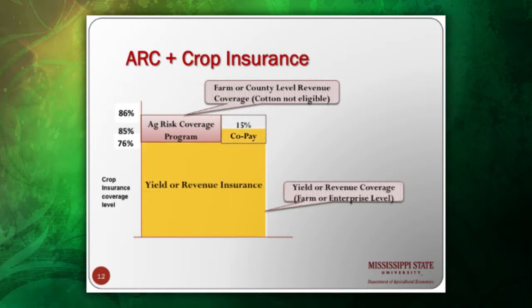Turning to the next slide, we can look at another example for ARC and crop insurance. An interesting thing about ARC is that a producer may choose to buy any level of crop insurance coverage available, and that it may even overlap with the ARC program. So in this example, we're illustrating the case where the farmer buys an 85% coverage policy and actually overlaps with the county-triggered ARC program.